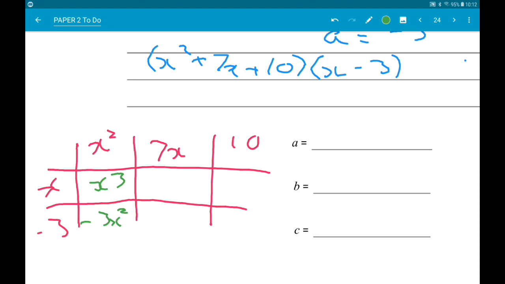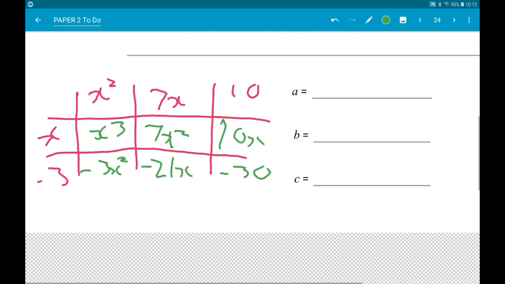X times 7x is 7x squared. Minus 3 times 7x is minus 21x. X times 10 is 10x. Minus 3 times 10 is minus 30.